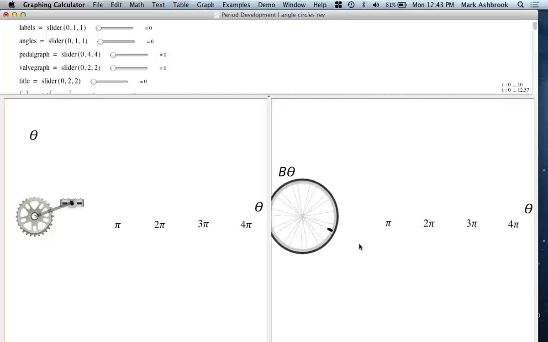So the pedal angle is pi/6, and how far behind is the tire valve? Pi/6 minus pi/4. And what about here, 2.44 radians for theta? How would you describe what the tire valve angle is?